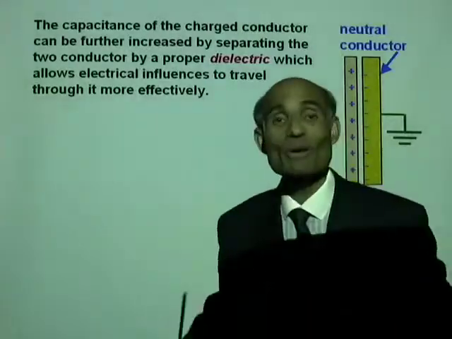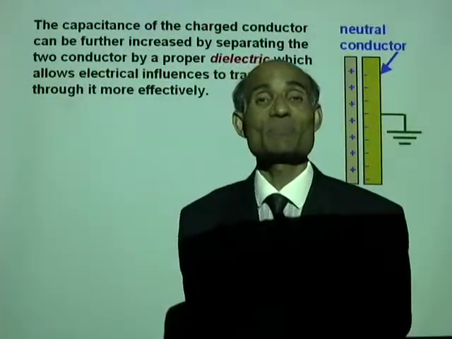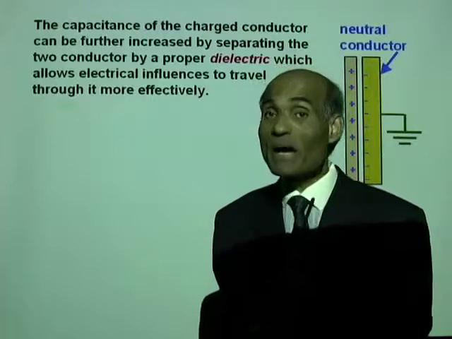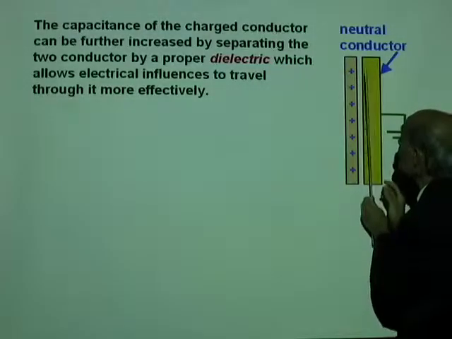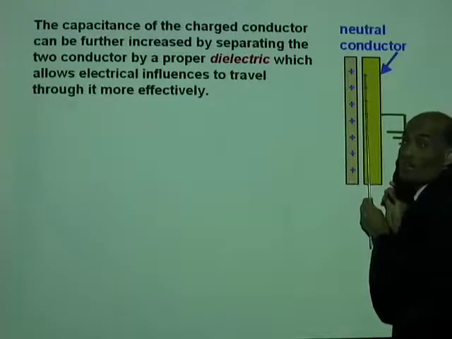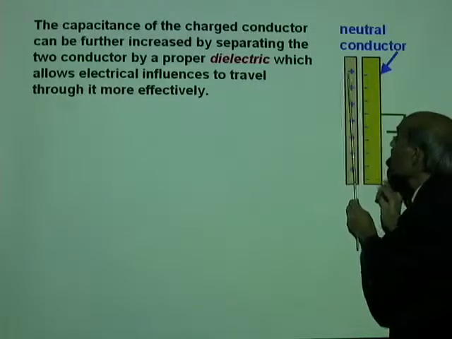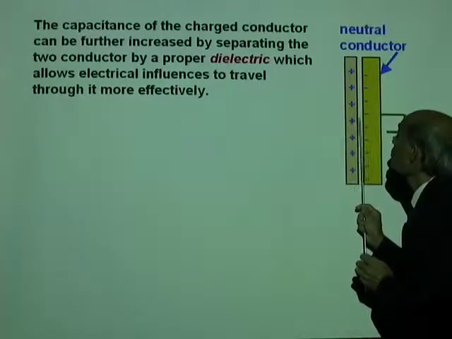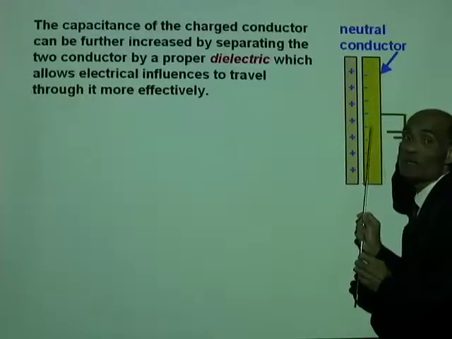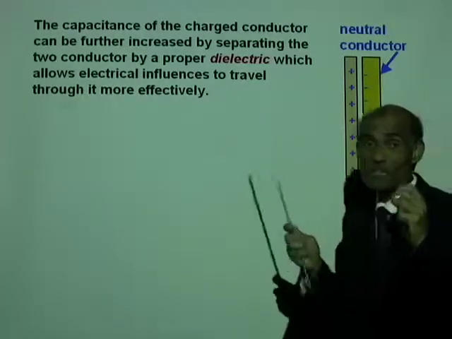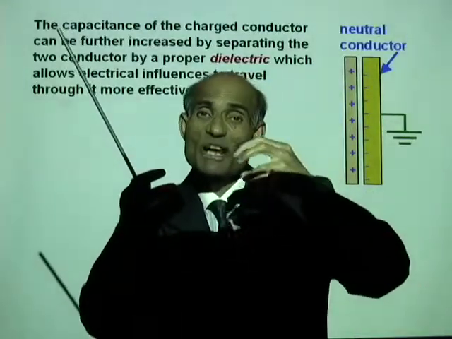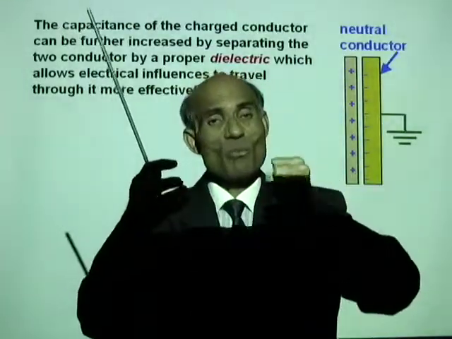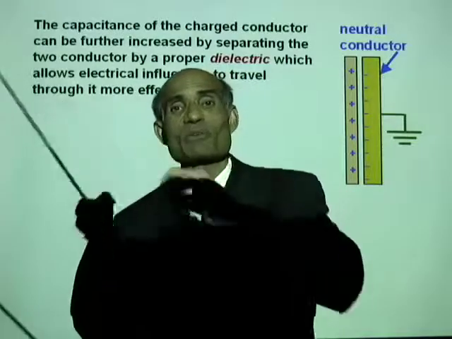There is one more way to increase the capacitance. You see, the influence of these negative charges is transmitted to the positive charge through this intervening medium. Is that right? The medium plays a part in transmitting electrical influences from one object to the other.